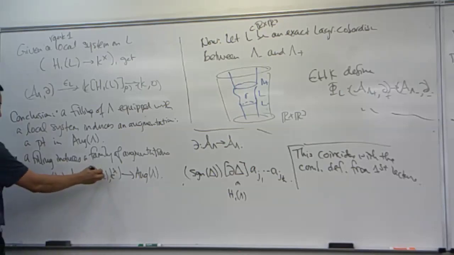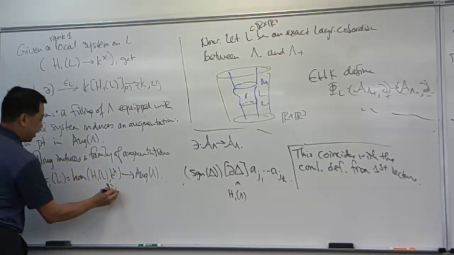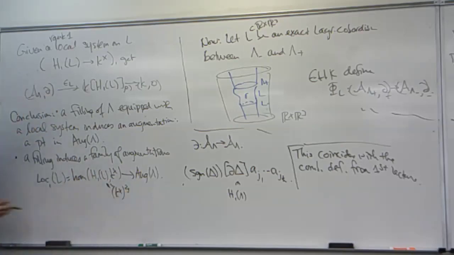And if L has genus g, this is just K star to the 2g, and this should be looking extremely familiar.